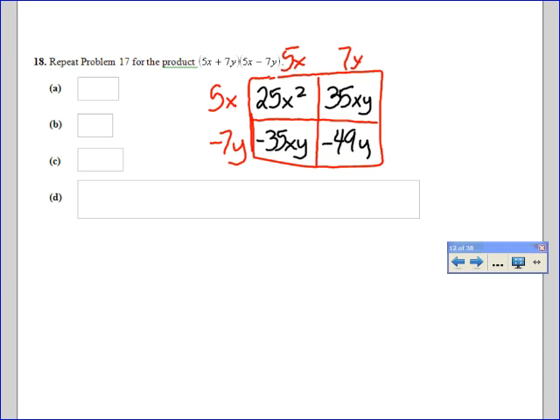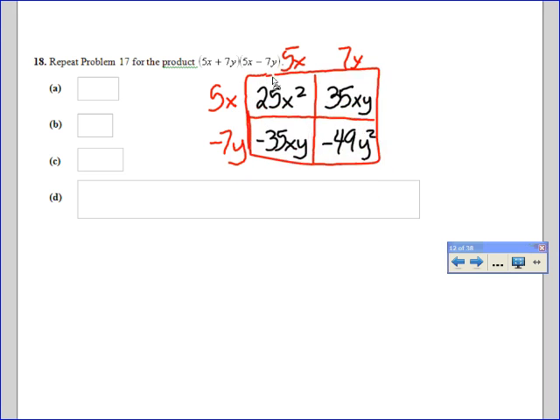Negative 49y squared. Don't forget the squared. People forget the squared all the time. Alright, what would I like us to do now?